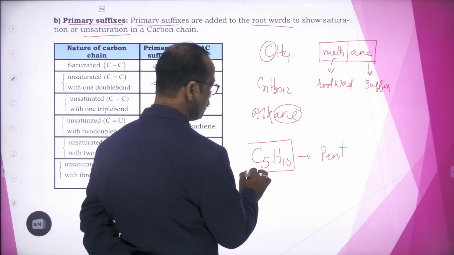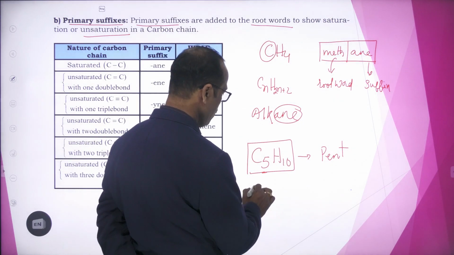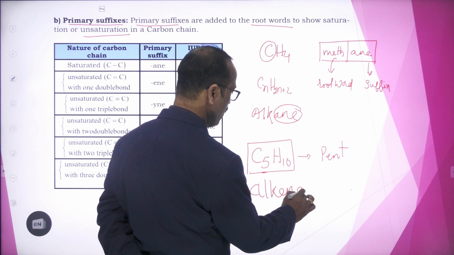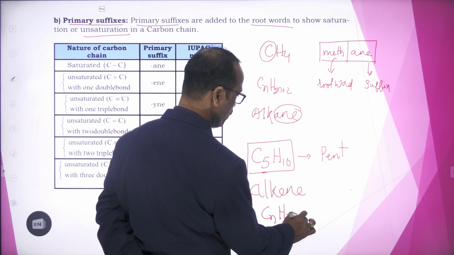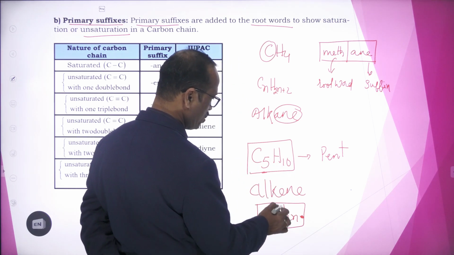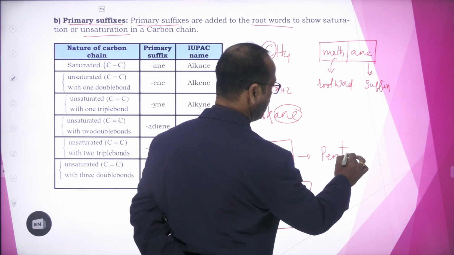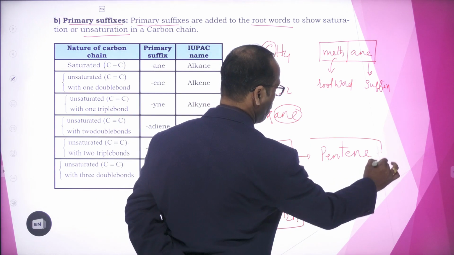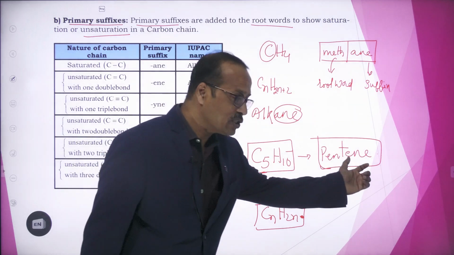It belongs to which hydrocarbon? C5H10 belongs to alkene. Why alkene? Because the general formula of alkene is CnH2n. Here C5, 2 fives are 10. So this belongs to ene. So I take the ene and write ene here. So the name of this compound is pentene. So this ene is called a suffix.